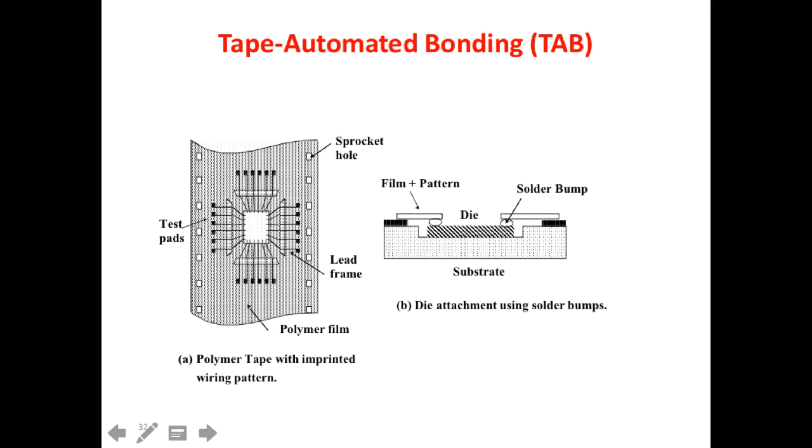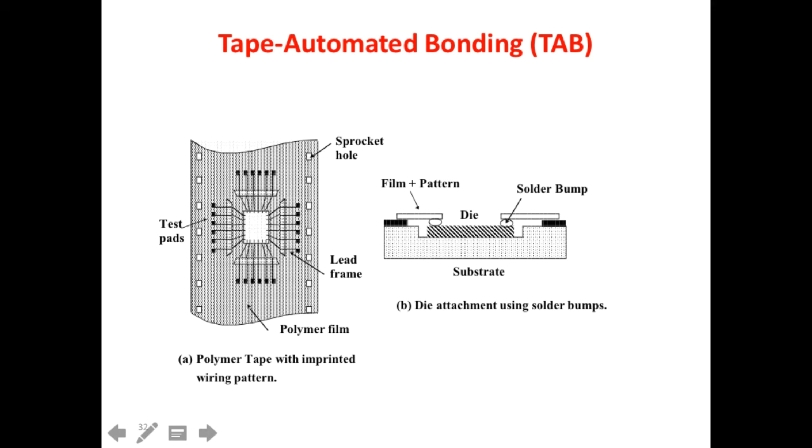So you see this is a tape, you have a hole in the tape for the chip. In the hole, this is the cross-section of the tape. In the internal part of the tape, you have the end of the wires which are ready to be connected to the pad.